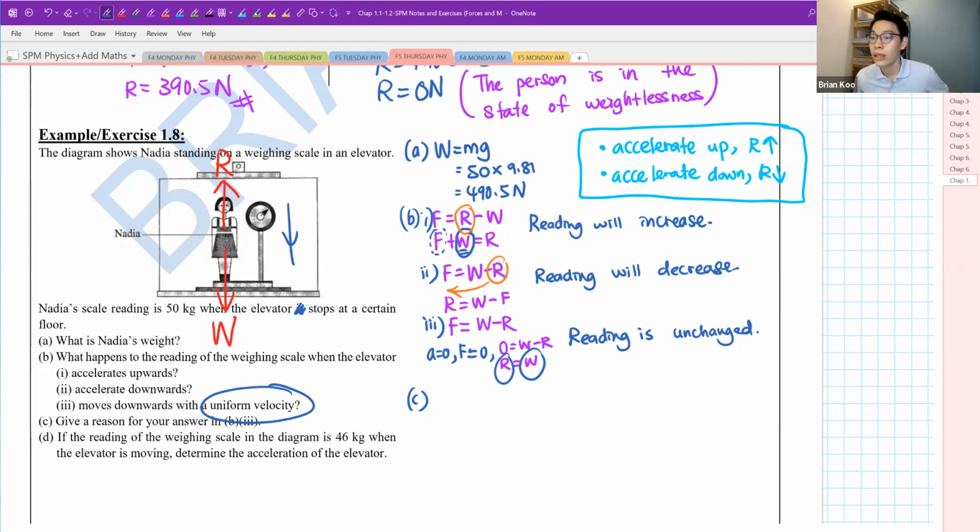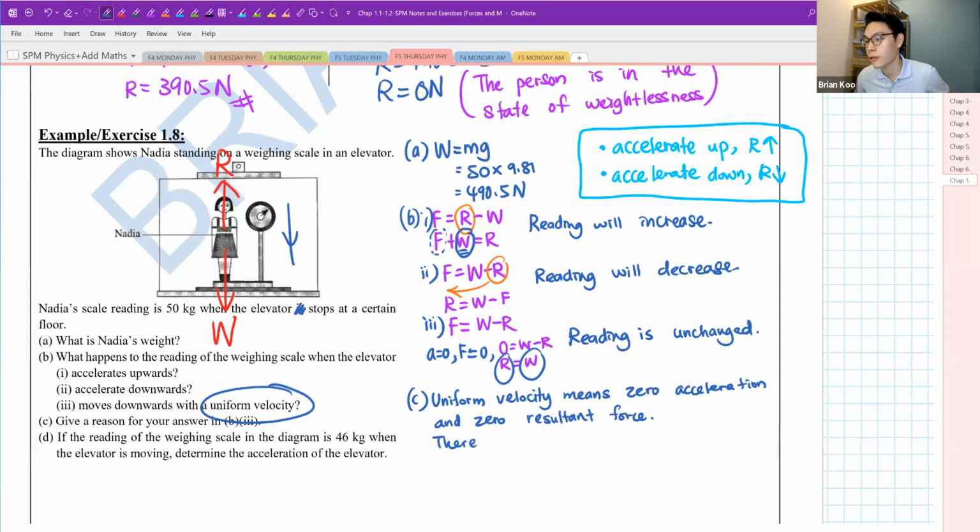The reading is unchanged because uniform velocity means zero acceleration and zero resultant force. Therefore, W and R are balanced.